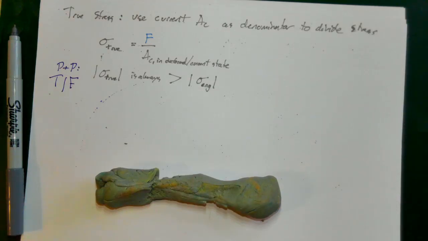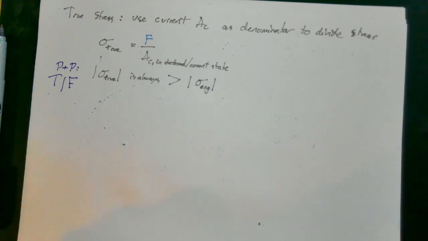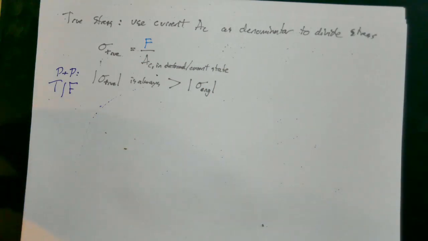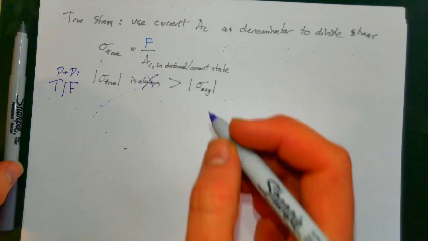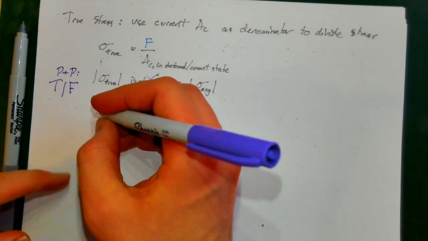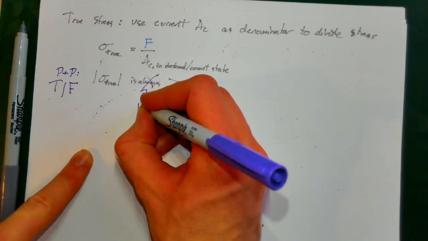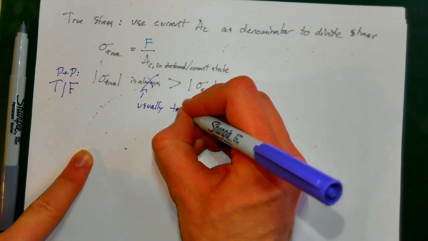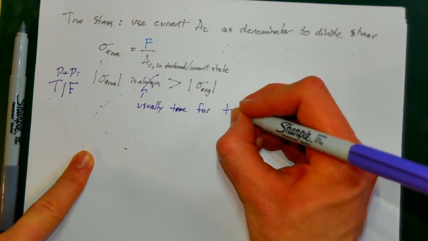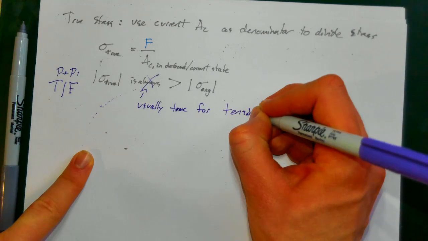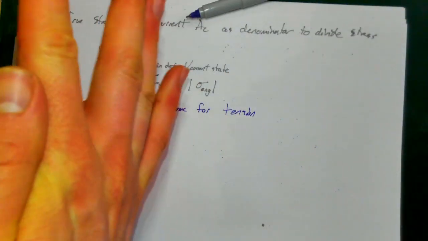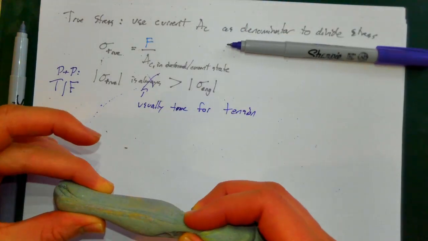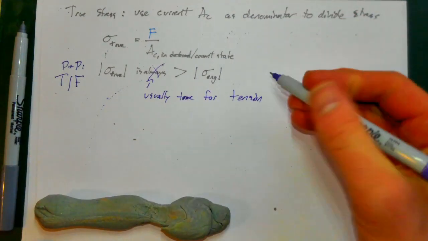All right, so hopefully you've had a chance to pause and ponder. It's not always true. It is sometimes true. So what does that mean? Well, it's usually true for tension, with stretching something.